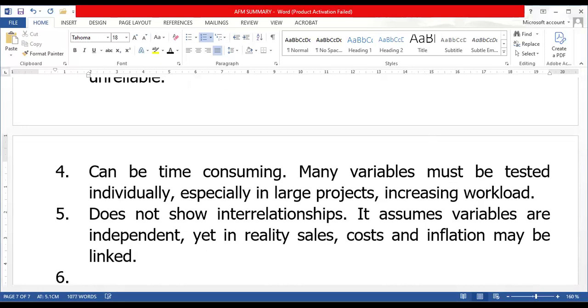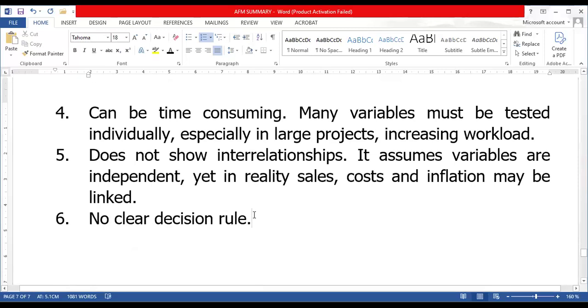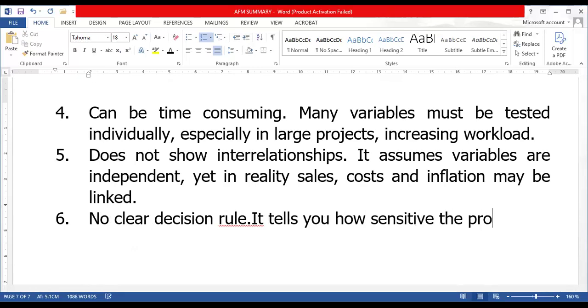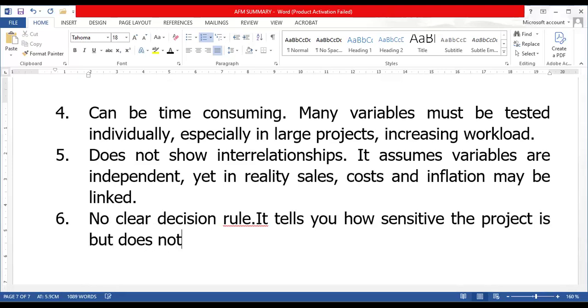No clear decision rule. What do we mean here? One of the weaknesses is that it tells you how sensitive the project or the variable is, but does not say whether to accept or reject the project.